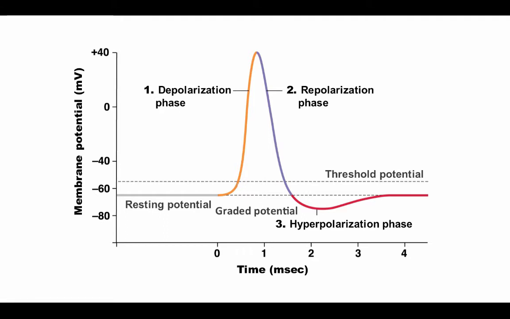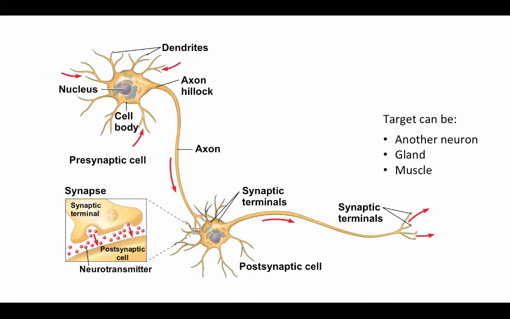In this web lecture, we're going to find out more about how this occurs and also how it's propagated all the way along an axon to be able to send a signal very quickly, much more quickly than would be possible using something like chemical messages.